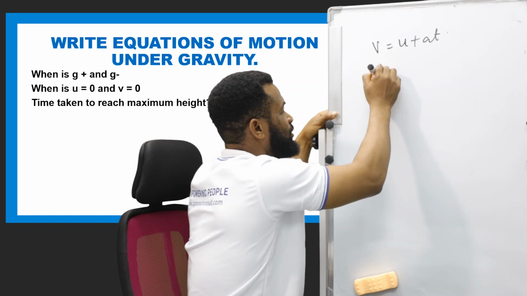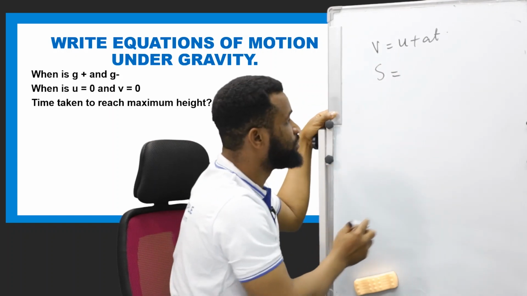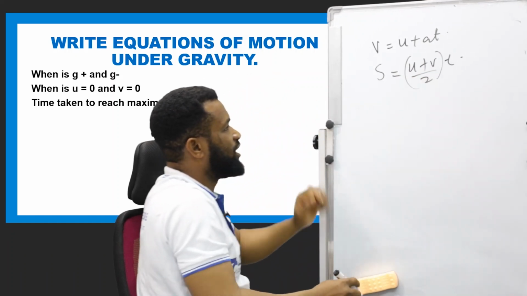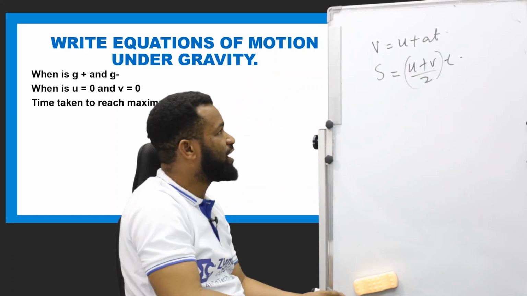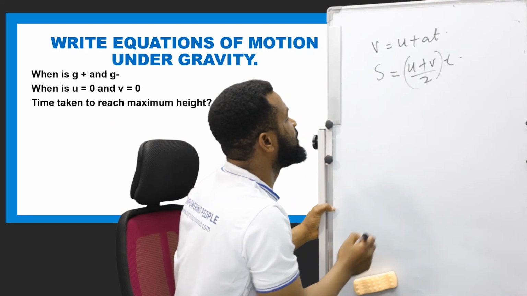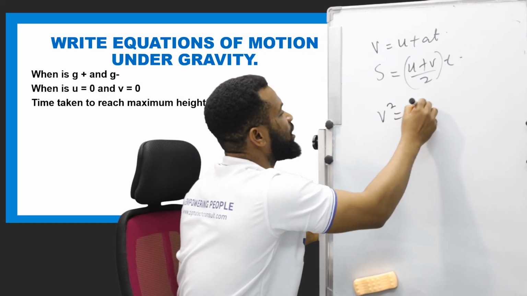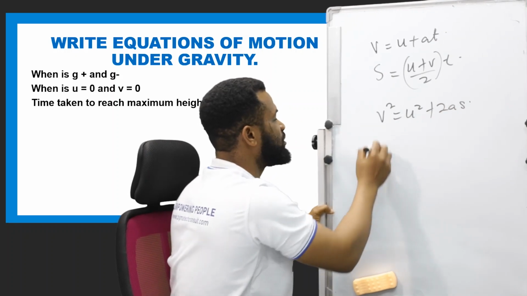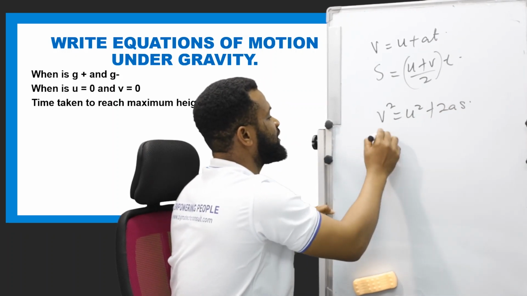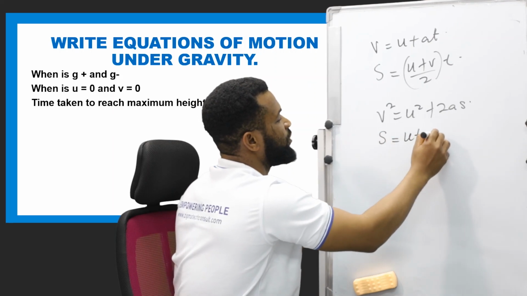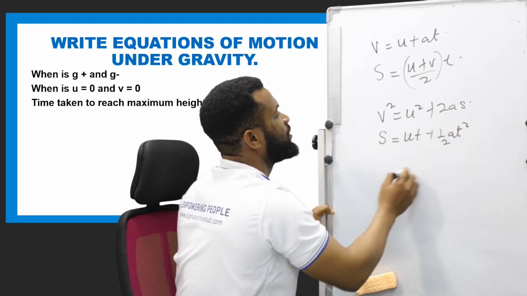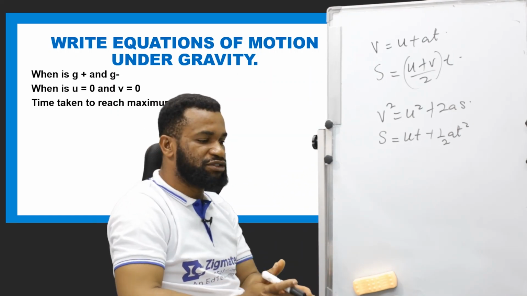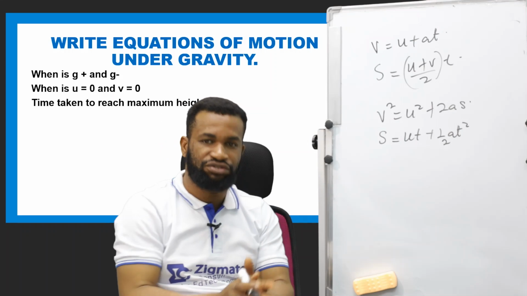We also say that average speed is U plus V divided by 2, and average distance is average speed multiplied by time. Then we also have V squared is equal to U squared plus 2AS. And we have the other one, which is S is equal to UT plus half AT squared. These are the formulas for motion, especially when a body is moving in a straight line.